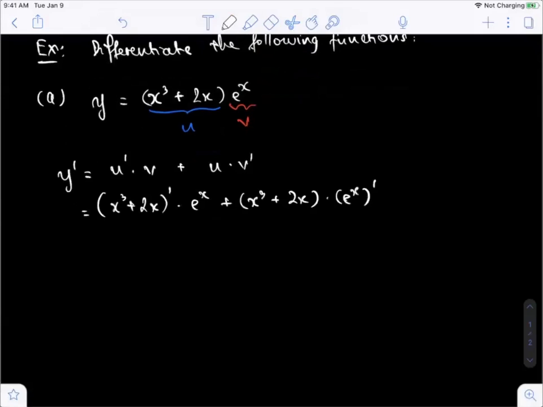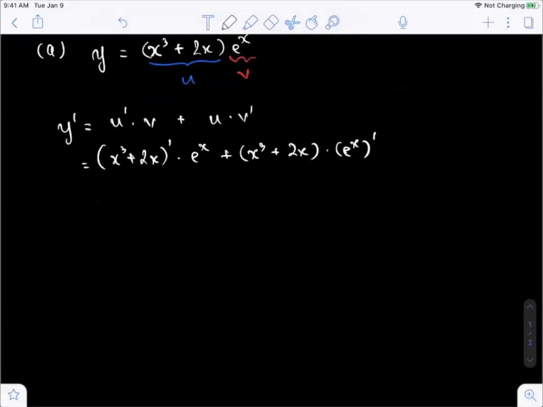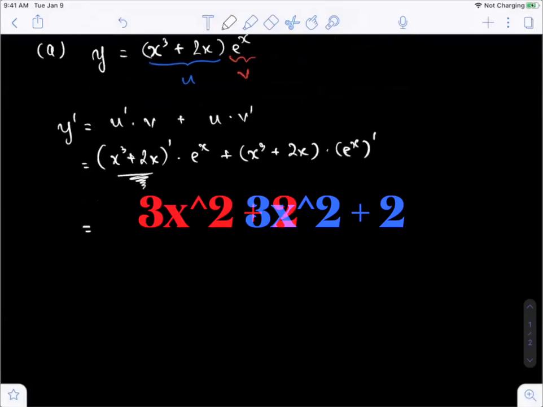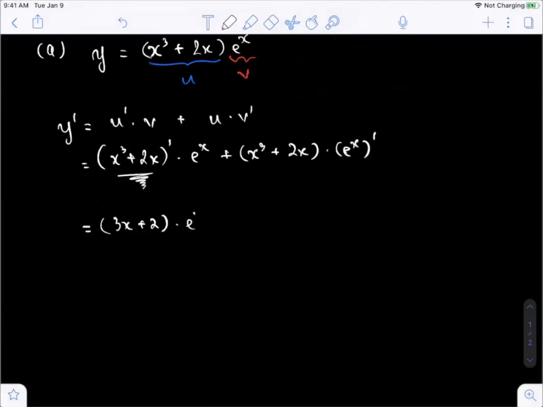Right, so the derivative of the first term right here is equal to 3x squared plus 2 times e to the x plus x cubed plus 2x times e to the x, because the derivative of e to the x is just e to the x.